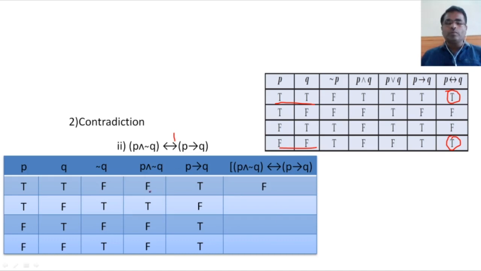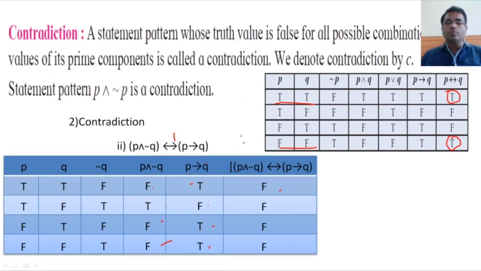But here we observe that this is false, this is true, therefore the resultant is false. Here true, here false, so the resultant is false. False, true, the resultant is false. False, true, the resultant is false, because true, true or false, false is not there.